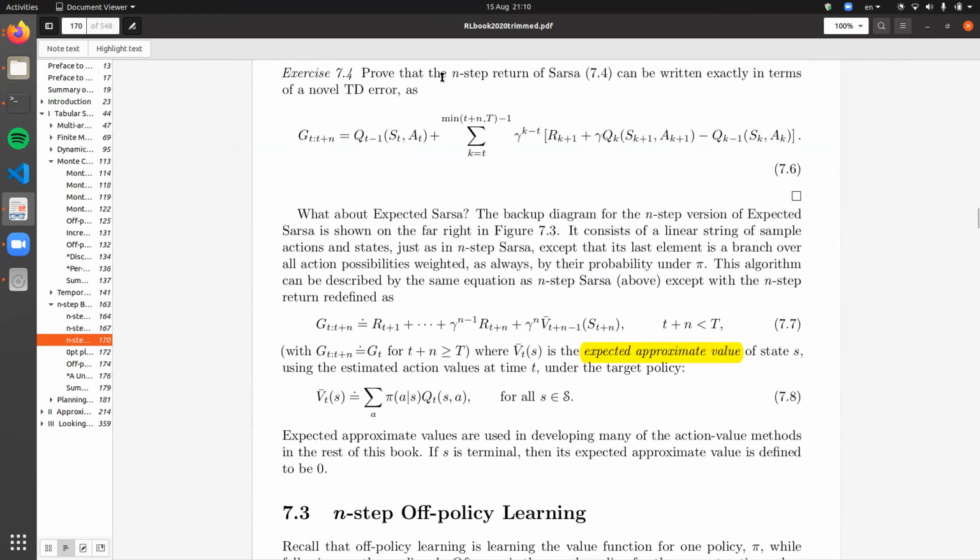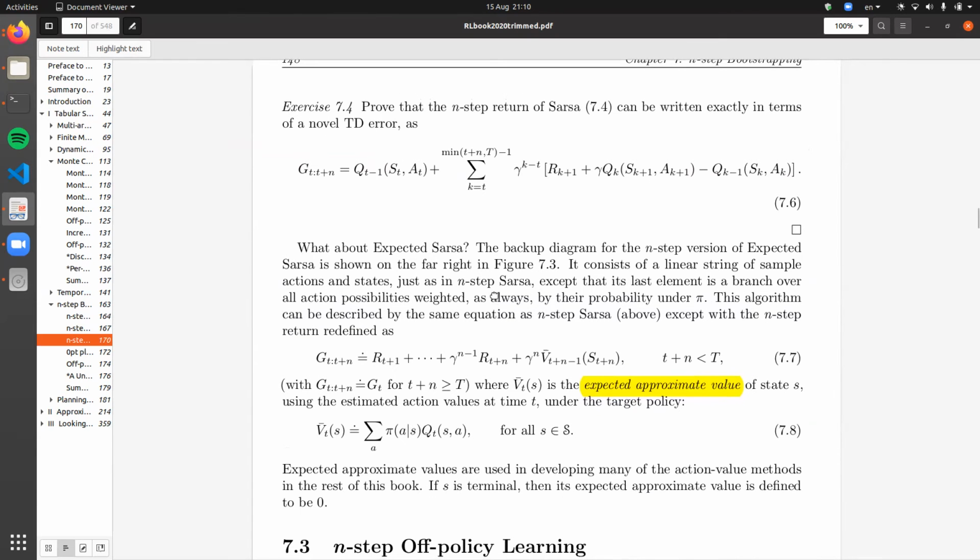Prove that the n-step return of Sarsa can be written exactly in terms of the TD error as in this equation given. And you can do this proof exactly as I showed for the previous case by just doing a substitution here.